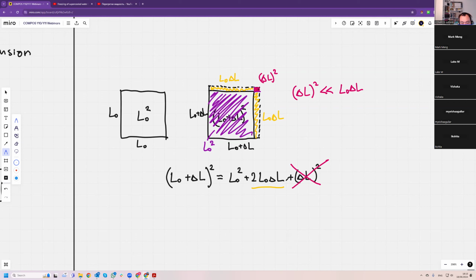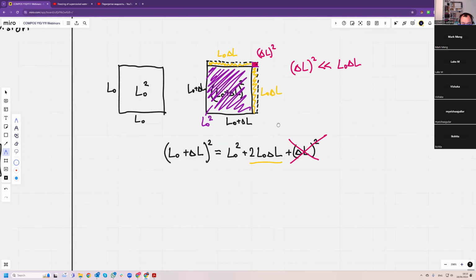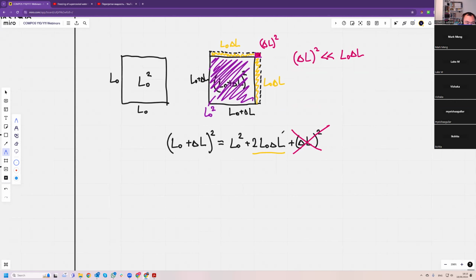The area plus the additional area, delta A, is equal to that. But we know the original area is L0 squared.